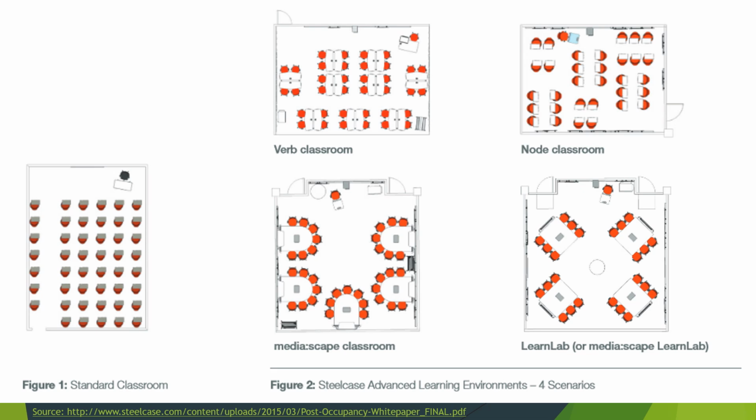So, for instance, we have a standard classroom where you can find all the desks where the students sit, and the teacher position here. And as you can see, this setting is rather hierarchical. So it gives back the idea that the teacher is someone more important than the students.